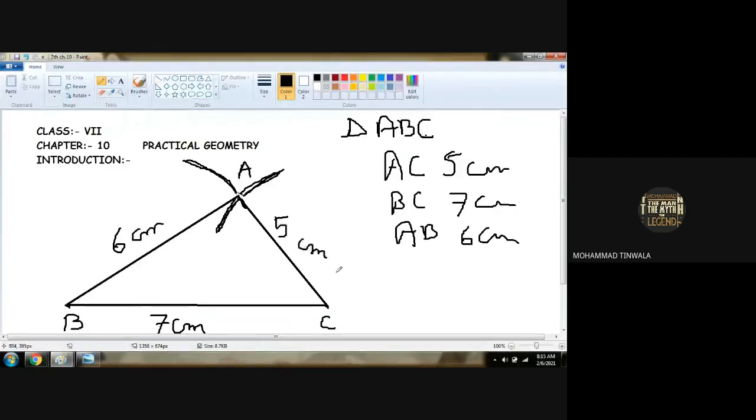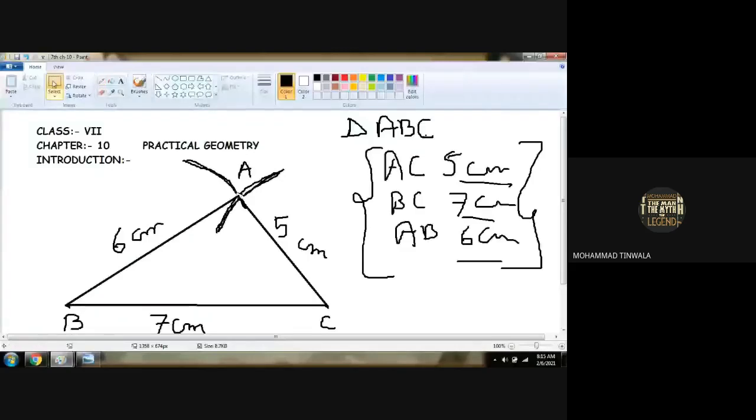The first topic was parallel lines. The second topic was when 3 sides are given, constructing a triangle when 3 sides are given. Now the next topic we have to study is when 2 sides and 1 angle are given.